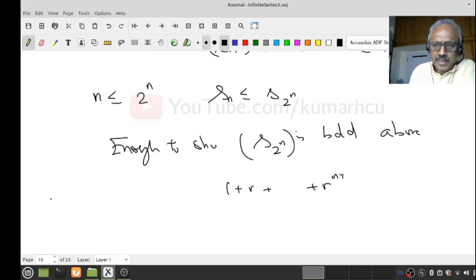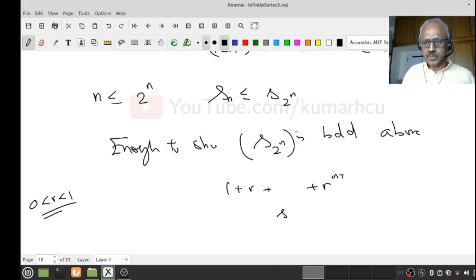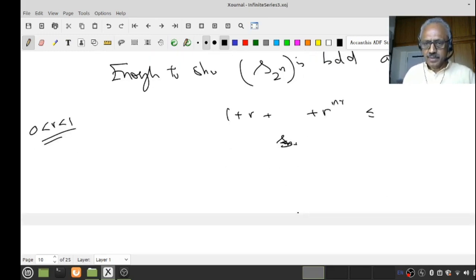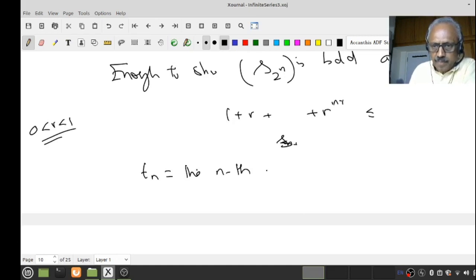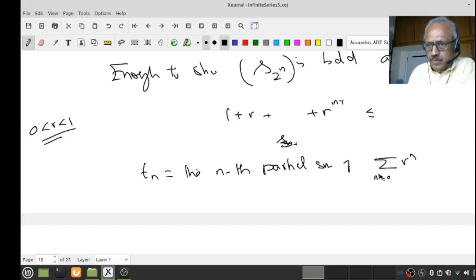Now remember, if 0 is less than r less than 1, we have seen the geometric series converges, and this is the nth partial sum or n minus 1th partial sum of the geometric series. Let Tn be the nth partial sum of the geometric series r to the power n starting from 0.